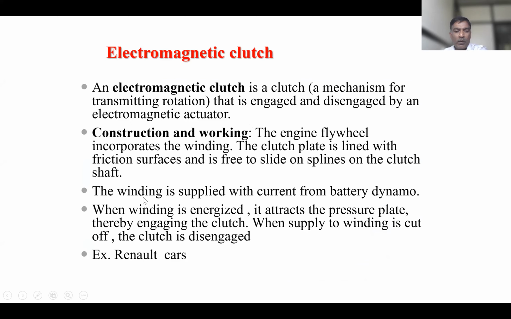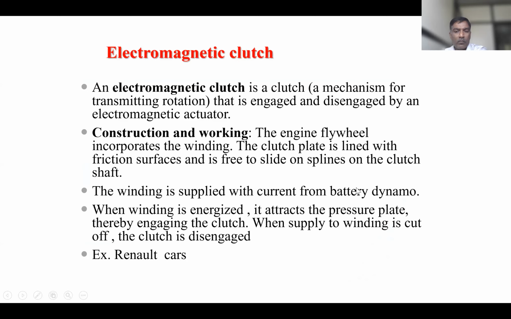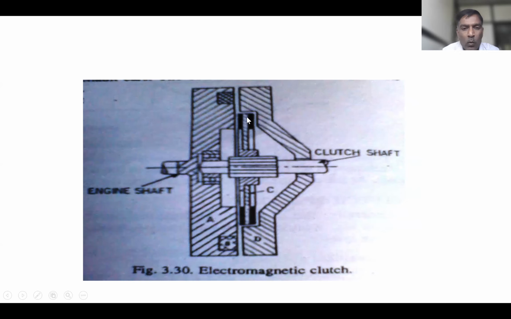Then this winding will get current from the dynamo, the battery dynamo. And how does it work? When this winding or this coil is energized, it will attract this D, or this pressure plate, in this direction.